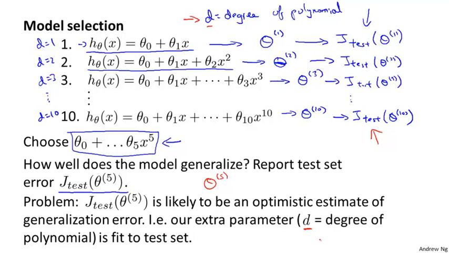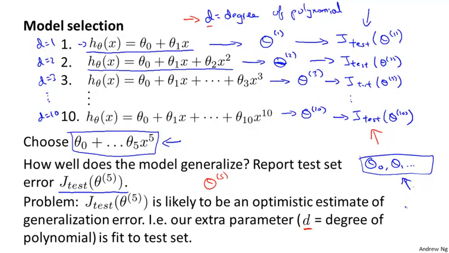So just to reiterate, on the previous slide we saw that if we fit some set of parameters, say theta 0, theta 1, and so on, to some training set, then the performance of the fitted model on the training set is not predictive of how well the hypothesis will generalize to new examples. It's because these parameters were fit to the training set, so they're likely to do well on the training set even if they don't do well on other examples.